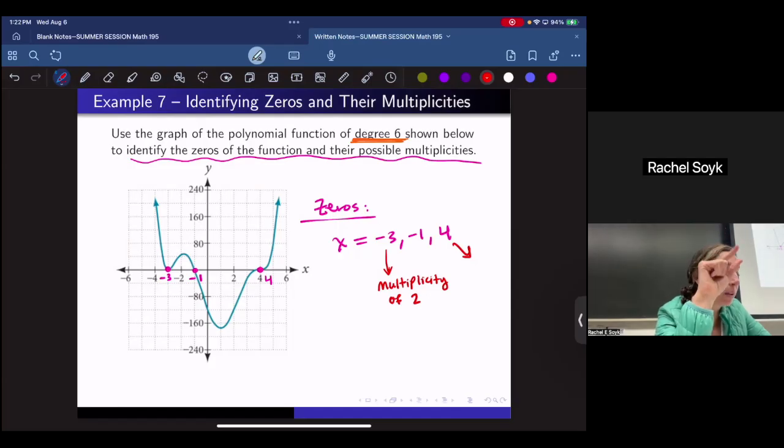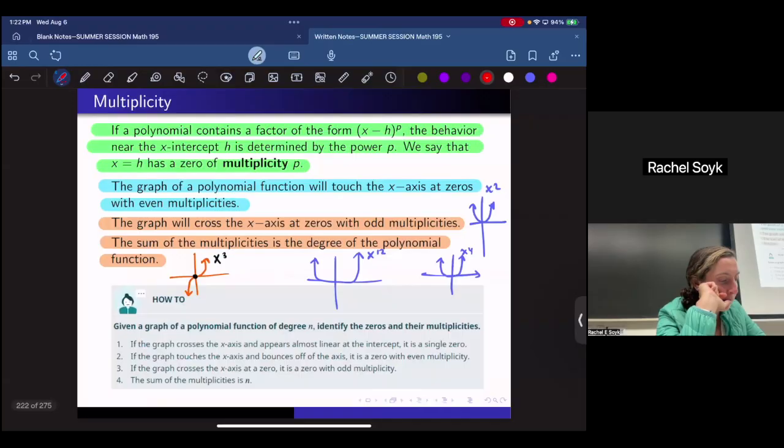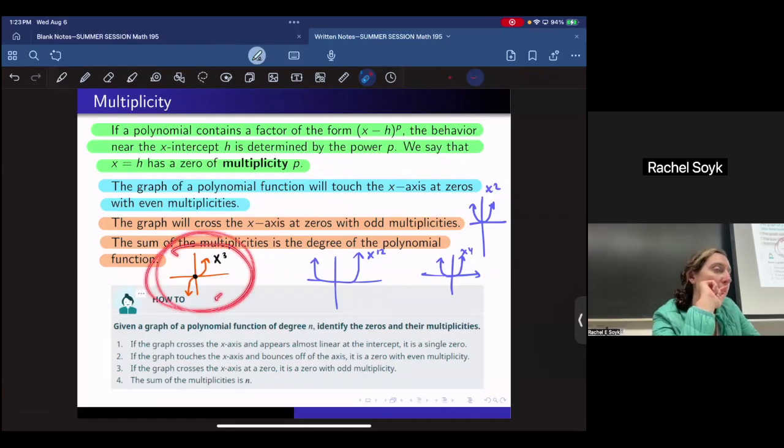No, it only bounces off the x-axis if it's even. So remember over here, anytime it's even multiplicities, it's going to touch the x-axis at the zeros. Whereas if it's odd, and you're dealing with multiplicities, it's going to cross straight through the x-axis. And a good example of the odd one is x to the third.